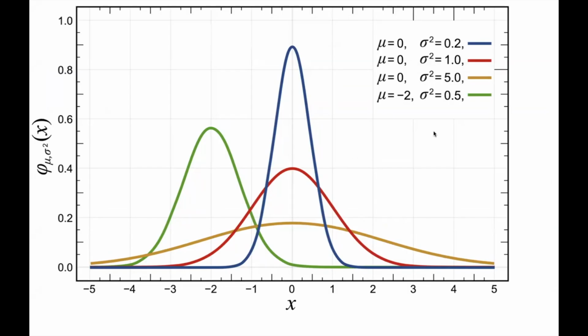If you look at this curve over here, this is very important. Let's look at the blue plot over here. Let's say this point is x equal to 1. What is the value corresponding to y?